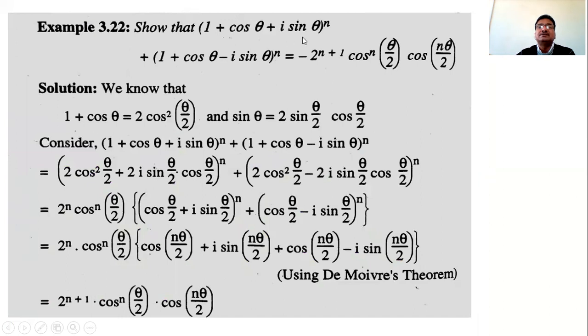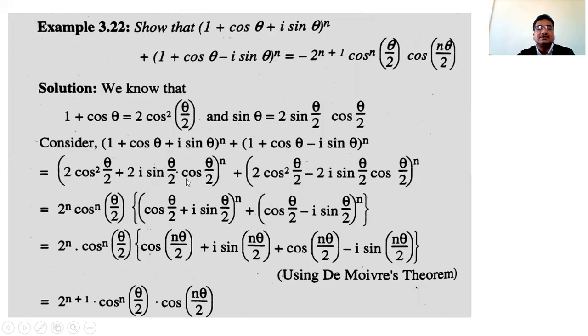Then show that this bracket raised to n is equal to this. So 1 plus cos theta is 2 cos square theta by 2, sin theta is 2 sin theta by 2 cos theta by 2, sin 2 theta formula. And then consider this LHS, substitute 1 plus cos theta as 2 cos square theta by 2, this sin theta as 2 sin theta by 2 cos theta by 2, similarly here.